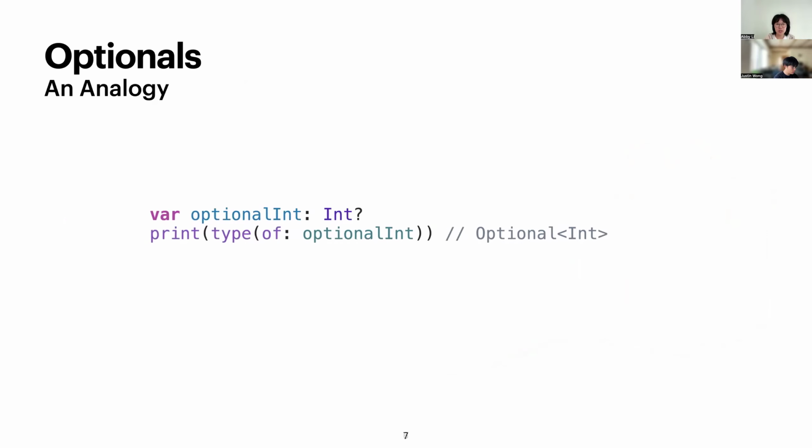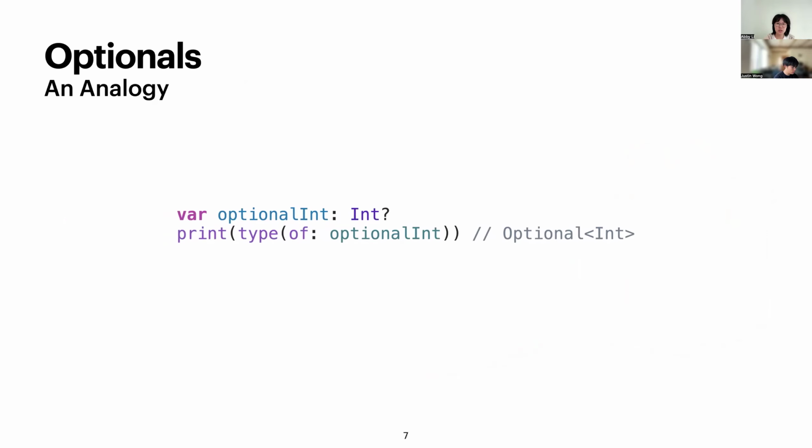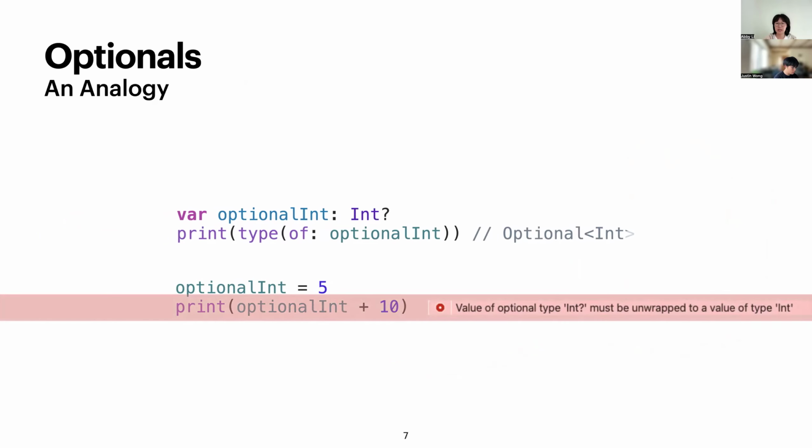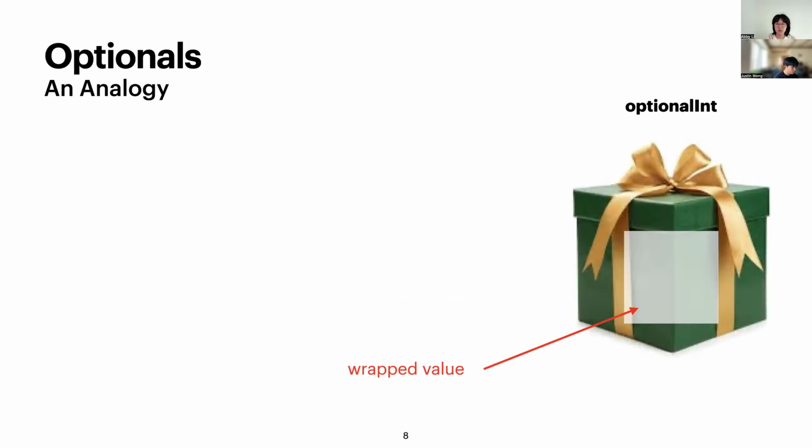Now, if we assign 5 to an optional Int and try to add 10 directly to it, Xcode will complain. The reason is not that 5 is bad, it's that Swift sees the value as optional Int, not plain Int. So arithmetic works on real Ints, so before we do anything with the value, we have to unwrap it.